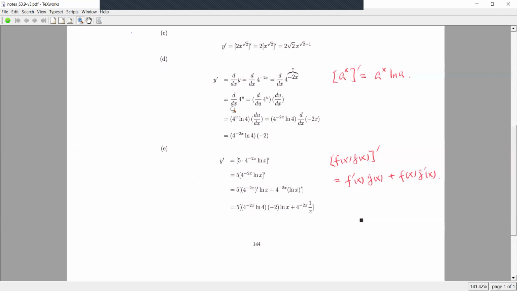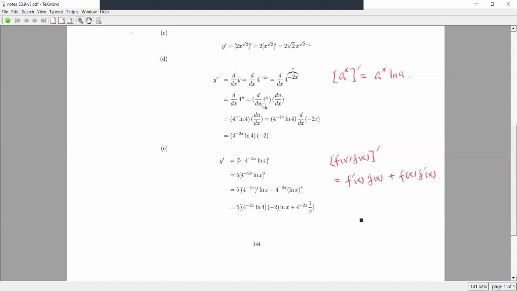Before I can compute this derivative, I need the chain rule. I insert du at the bottom and du at the top. Then this derivative is equal to this derivative times this derivative.